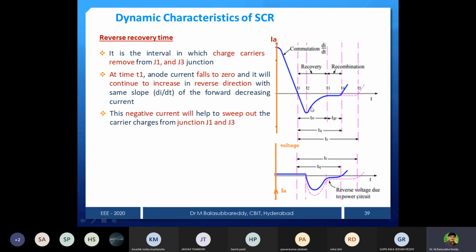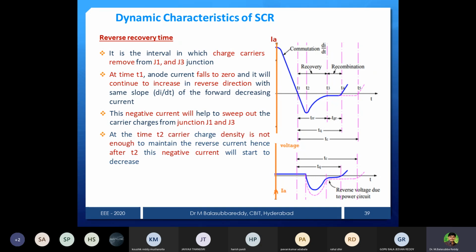This negative current will help to sweep out the carrier charge from junctions J1 and J3, because charge particles are already there. You are making current flow in the opposite direction, so that will be cancelled out. So this negative current will sweep out the outer junction charge particles, that is J1 and J3.